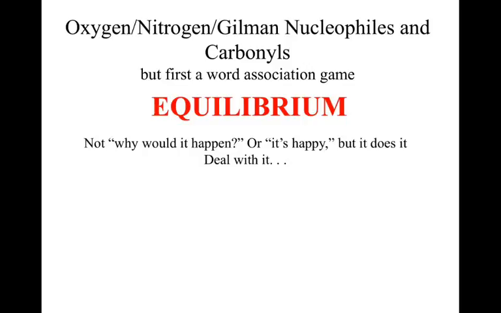You should think back to your Gen Chem class, and you probably hated equilibrium. When we're looking at these reactions, it's not a question of why or whether it would happen, but that it does happen. That is a bit unfortunate, but you're really just going to have to learn to deal with it.